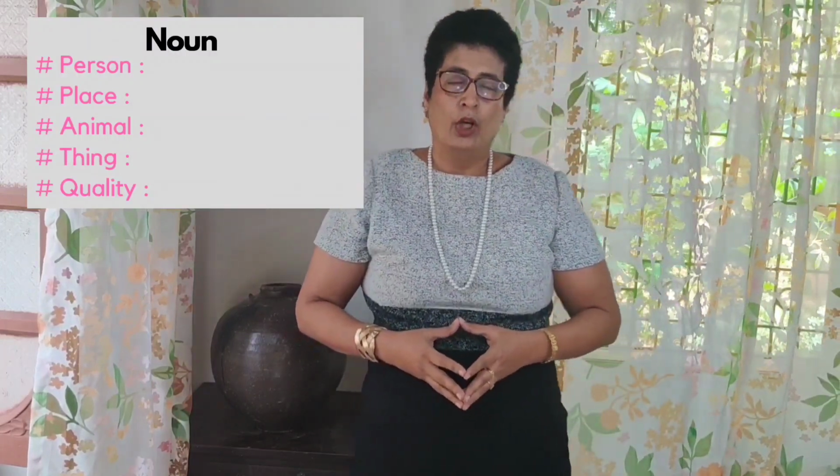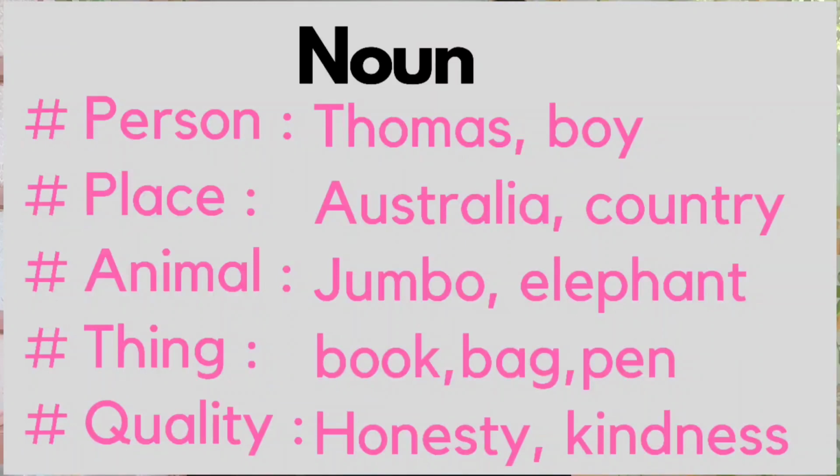So let me go through it a little deeper. If I say the word Thomas, Thomas is the name of a boy. It's a proper noun. The word boy, on the other hand, is a common noun.